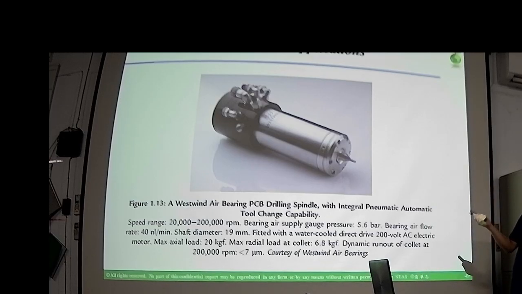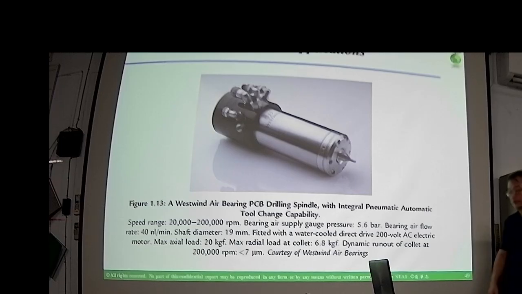So this is a drilling spindle using air bearing to drill holes in the PCB board. 所以这个是气静压轴承的钻孔机，钻那个印刷电路板。So Westwind is a world famous air bearing spindle company.